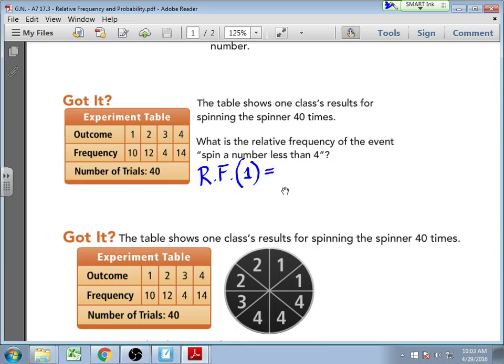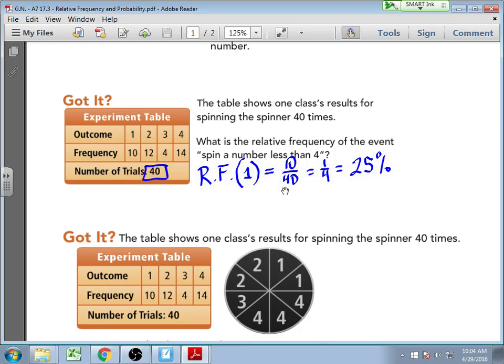My total trials are 40. So it's going to be 10 over 40, or it reduces to 1 over 4, or that would be a 25% chance, because I had 10 outcomes of 1, and I did 40 total trials.